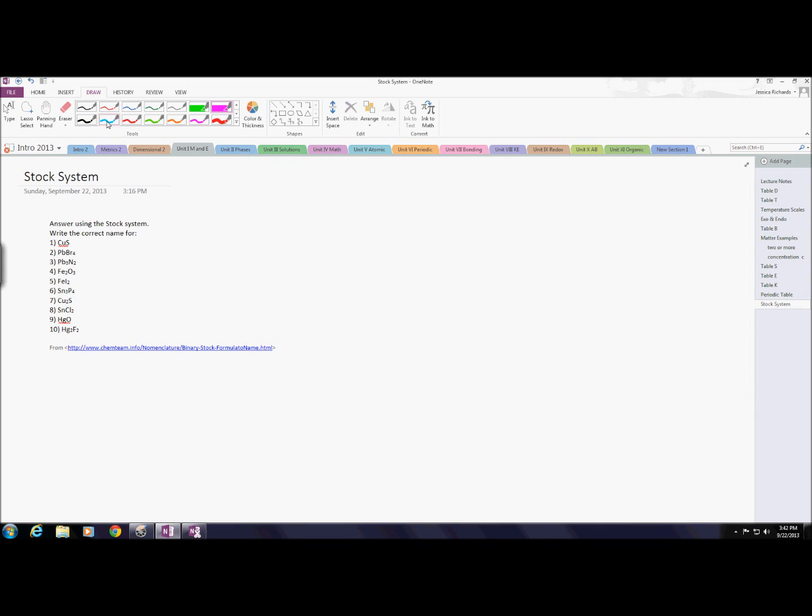Okay, so now I say, all right, I have CuS. I know that the Cu is copper. I know I'm going to need a Roman numeral because it's either +1 or +2, and I don't know which yet. And the S is sulfur, so it's going to become sulfide. So now I need to figure out what charge the sulfur is, to figure out whether this copper is +1 or +2, so those are my choices.